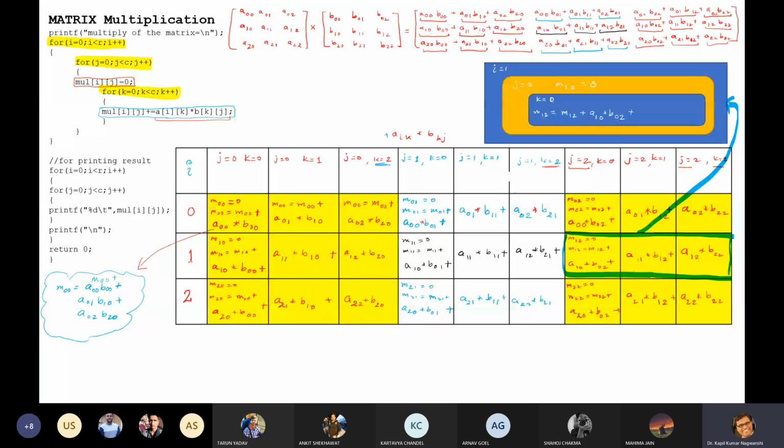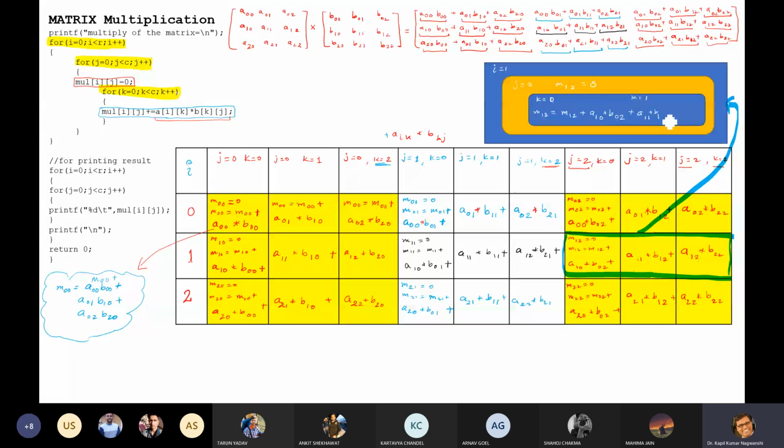So that's why I had not written it so many times. Here I had explained. Now k equals 1 will be coming. With this k equals 1, what happened? A i k, where I is 1 and k is also 1, multiplied by b, where k is 1 and j is 2.